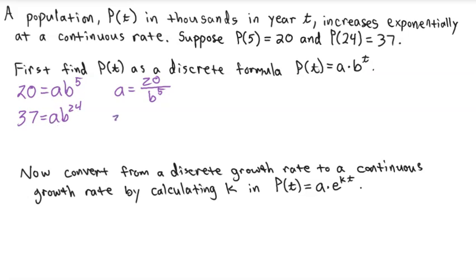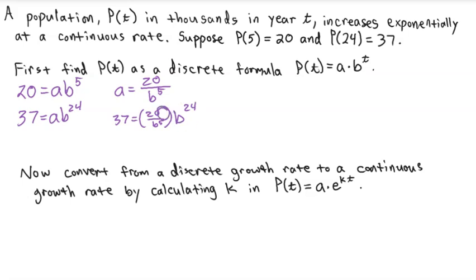And we're going to have 37 is equal to A times B to the 24th power, where A is 20 over B to the 5th.